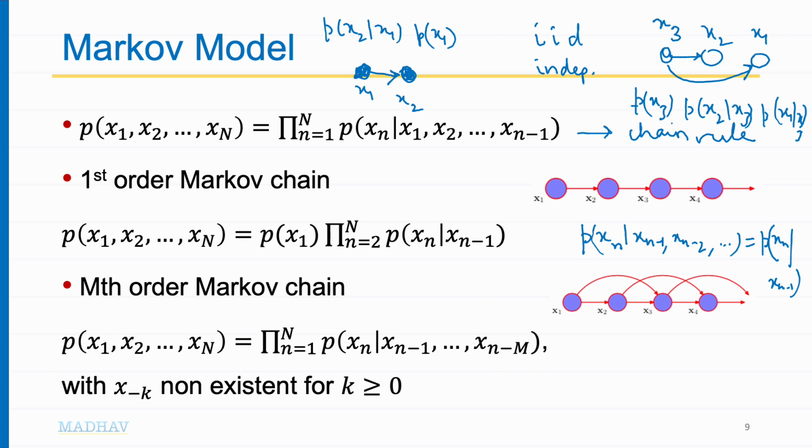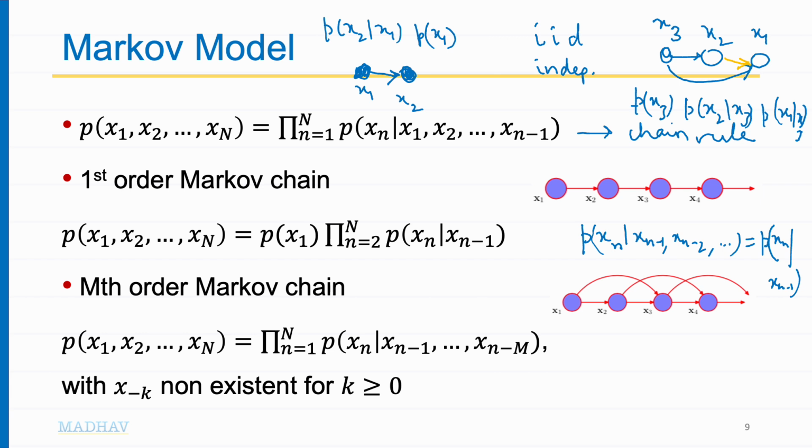The general most thing would be written like this. The general most means where there is no assumption. Here there is some assumption involved. The general most thing will have this arrow also. This would mean P of x3, x2 given x3, x1 given x2, x3.